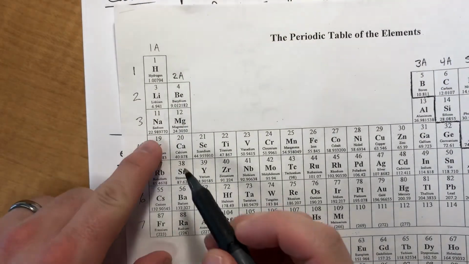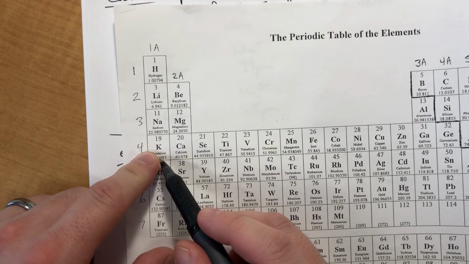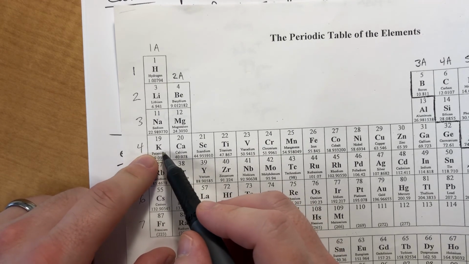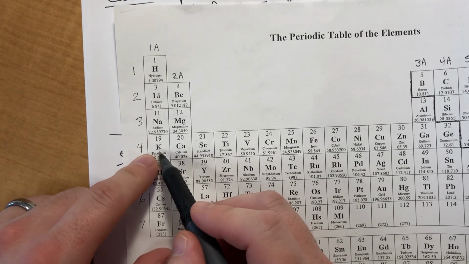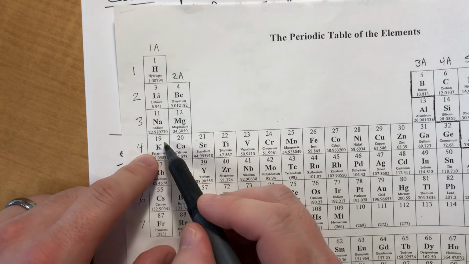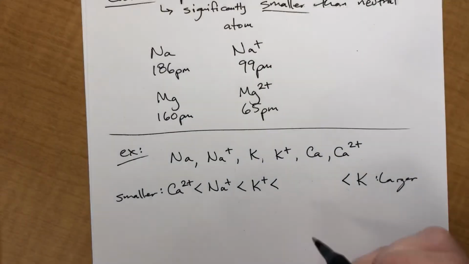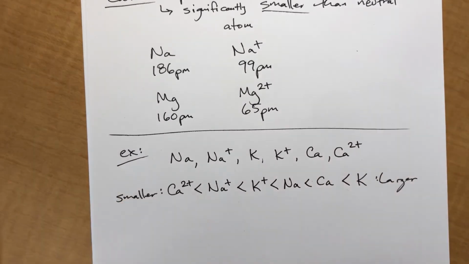And in terms of differences, if we compare them both to potassium, calcium is going to be a little bit smaller because of the effective nuclear charge change, but sodium should be significantly smaller because there's a whole other set of orbitals on top. So sodium should be the smallest, and then calcium, and then potassium.